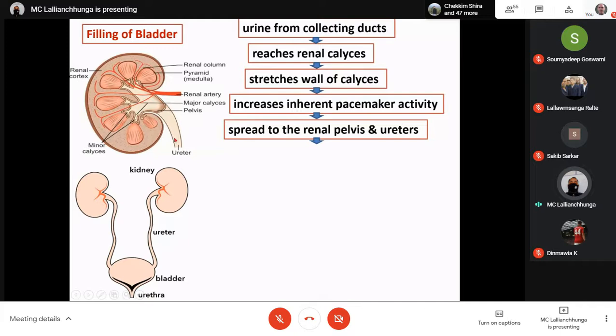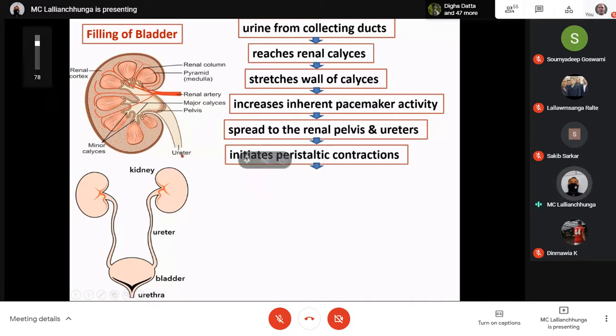Okay, ureters will also be activated, and when this activity, that action potential, or we can say increased pacemaker activity, reaches the ureters, it will initiate peristaltic contraction. That means it will lead to the contraction of the smooth muscle of the ureter. Okay, smooth muscle of the ureter, and that contraction is peristaltic contraction.